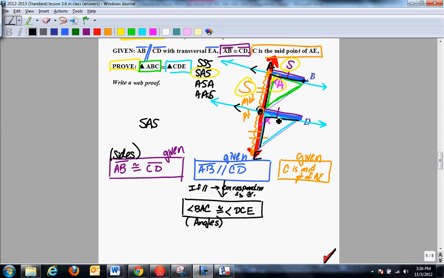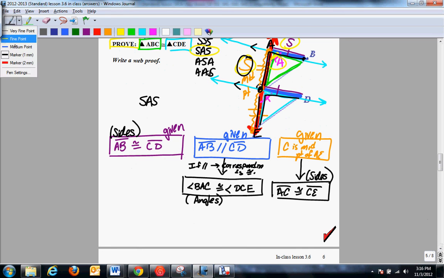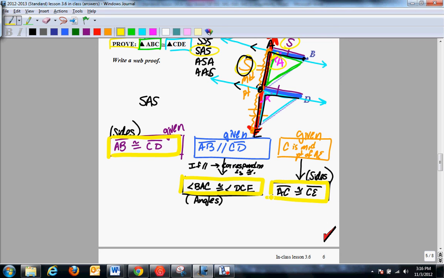Now with C as the midpoint, that gave us these two logical ones. That gave us A to C congruent to C to E. That's our other pair of sides. So now we have sufficient information. We have a pair of congruent sides, we have a pair of congruent angles, and we have another pair of congruent sides.